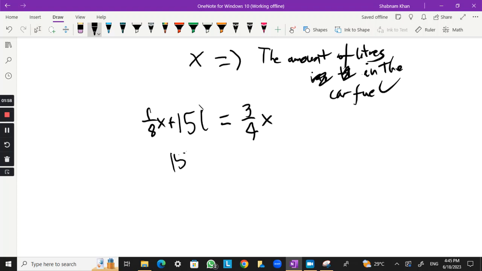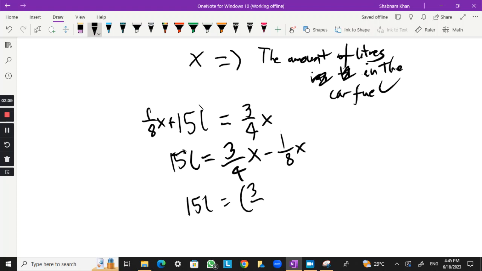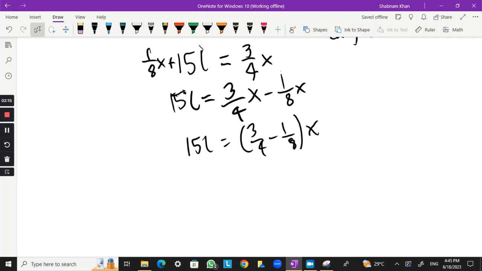So what we can do, we can take the 1/8x to the other side and do 3/4x minus 1/8x. Now, all we have to do is subtract the coefficients, meaning the numbers that we are multiplying the variable x with, the car fuel variable.